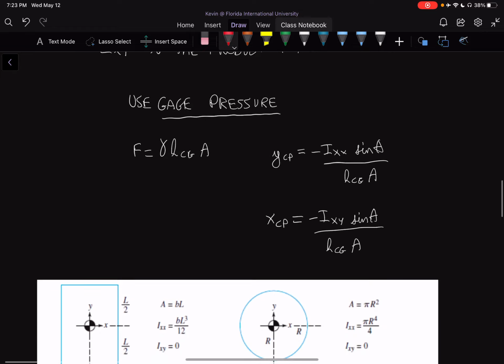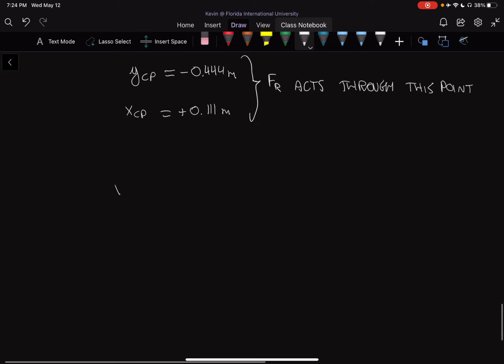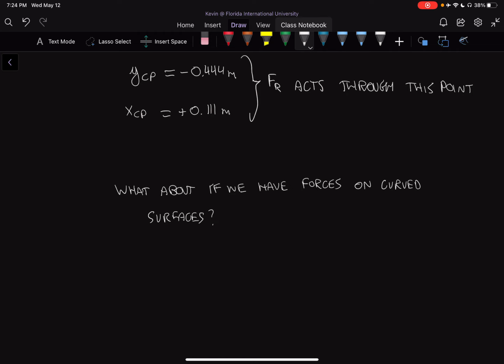Now, let me write a question. What about if we have forces on curved surfaces? So what about if we have a pressure on a curved surface?